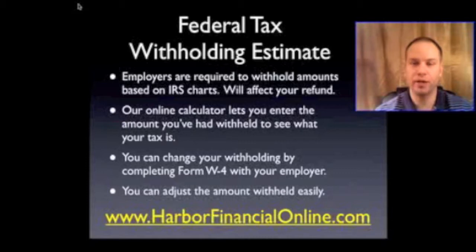This is just based on how many exemptions you're reporting on the W-4. Your employer is going to look at that and make withholding amounts based on that W-4 form. So it's very easy to change, and you have the right, no matter what, with your employer to change those amounts. They can't pick what you're going to report on the W-4.